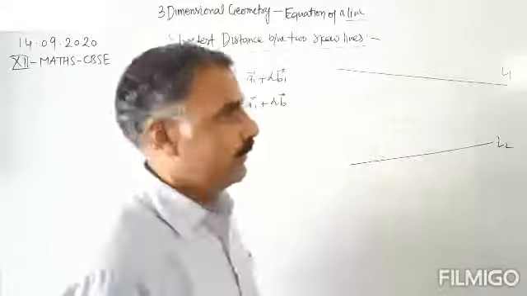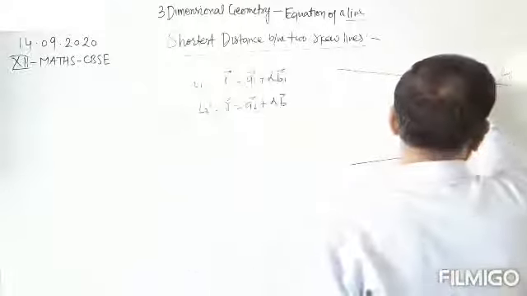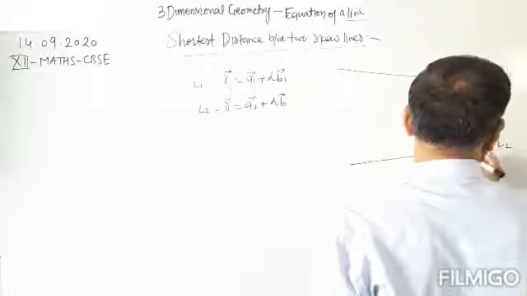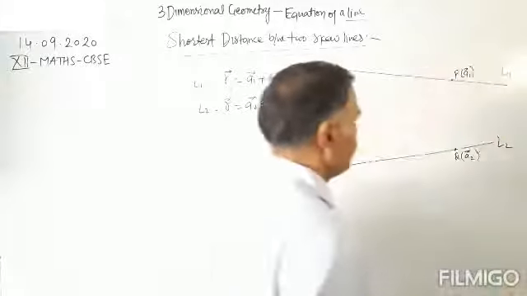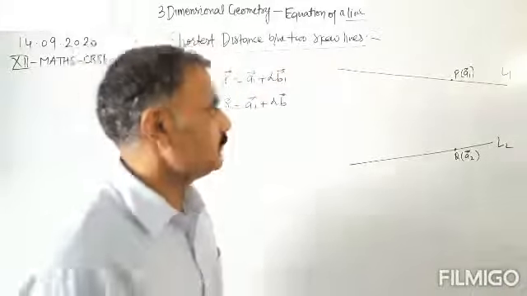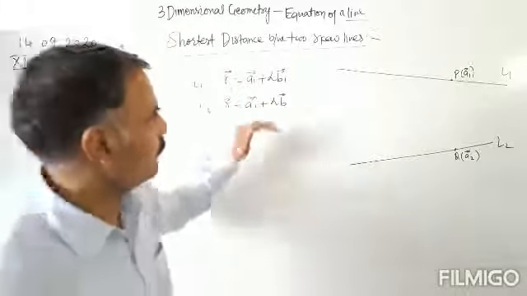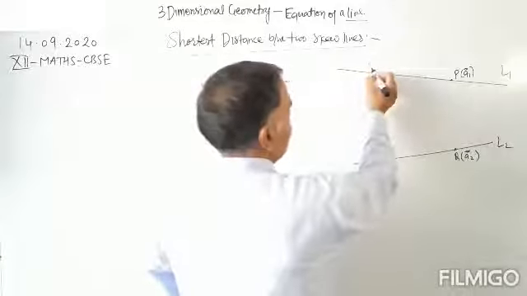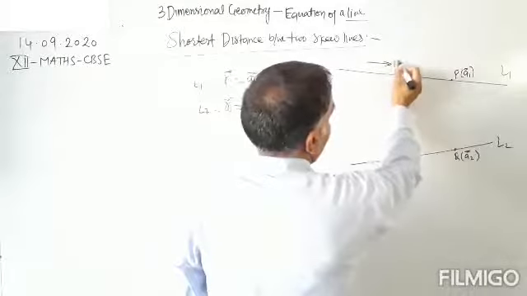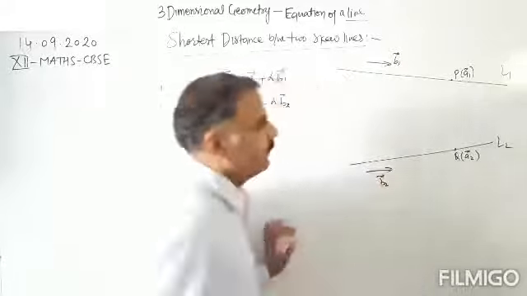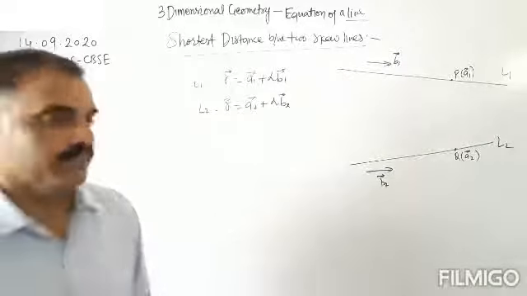We are given the point P, that is a1 vector, and point Q, that is a2 vector, and also the directions: b1 vector for the first line and b2 vector for the second line. So these four things are given.